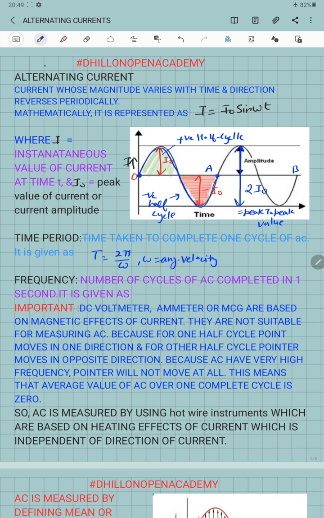We will study this in the AC generator. Frequency is the number of cycles of the AC completed in 1 second. Because frequency is the reciprocal of time, it is 1 over T, which is omega over 2 pi.